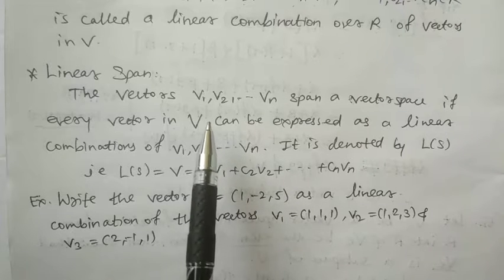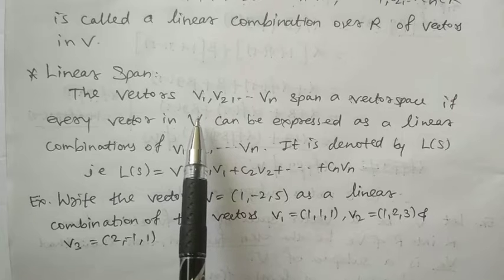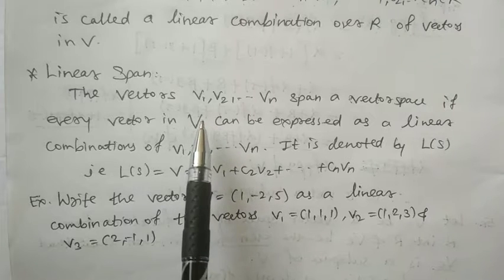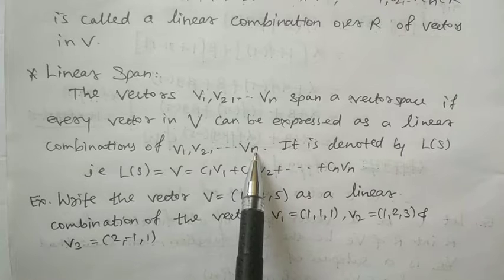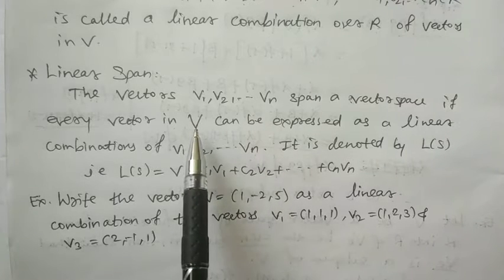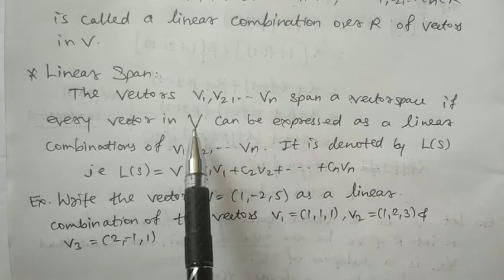That means every element of the vector space V can be written as a linear combination of these n vectors. Then we say that v1, v2, dot, vn spans the vector space V.